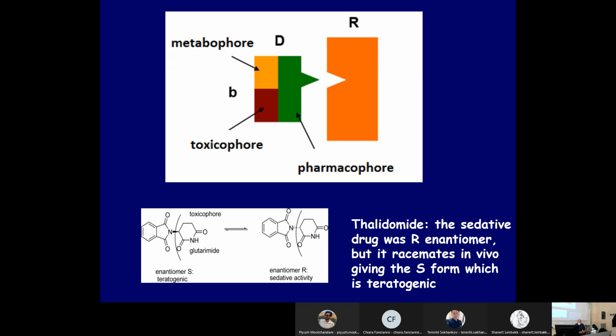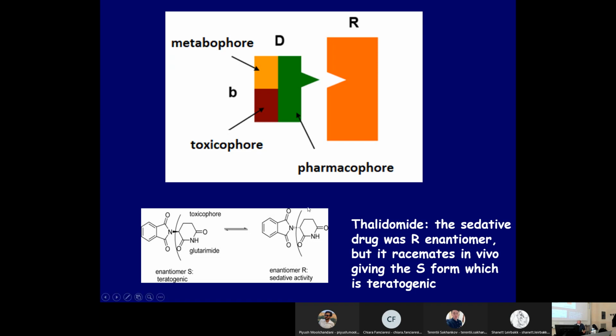And so if pregnant women used this type of compound, at that time she had the problem of having a child without arms, teratogenic.